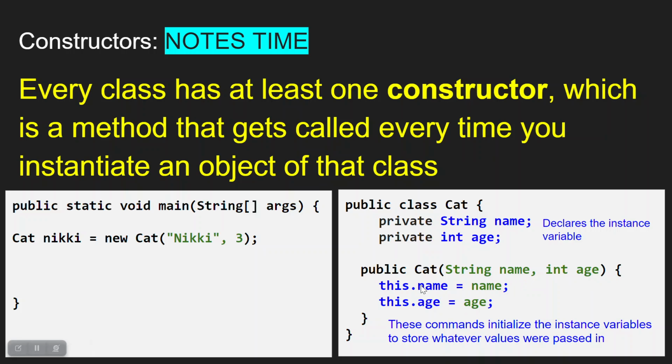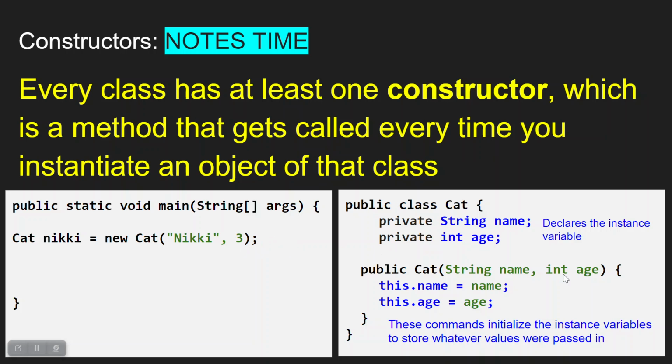These commands down here, this dot name equals name, take this variable up here, name, which is in blue, and set it equal to this name, which is being passed in, which is in green. The same thing happens with age. Up here we just declared the variable age, but down here, this dot age, which is in blue, is initializing the variable age and setting it equal to whatever age gets passed in over here.